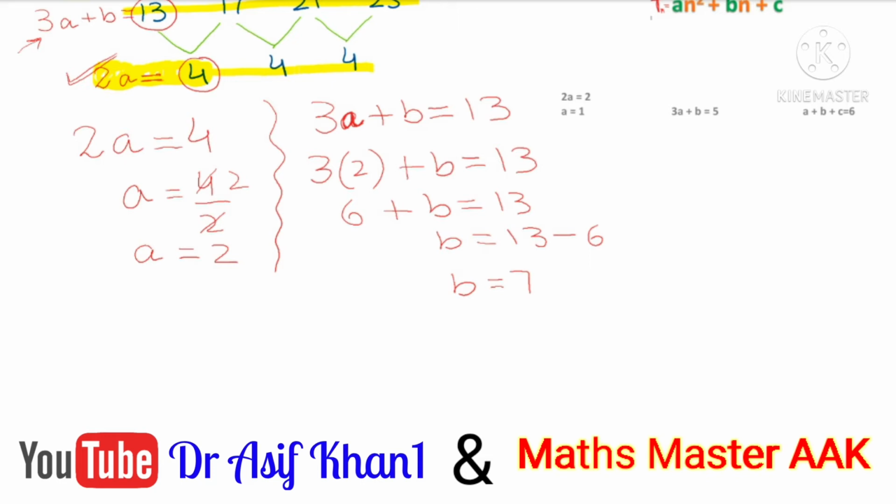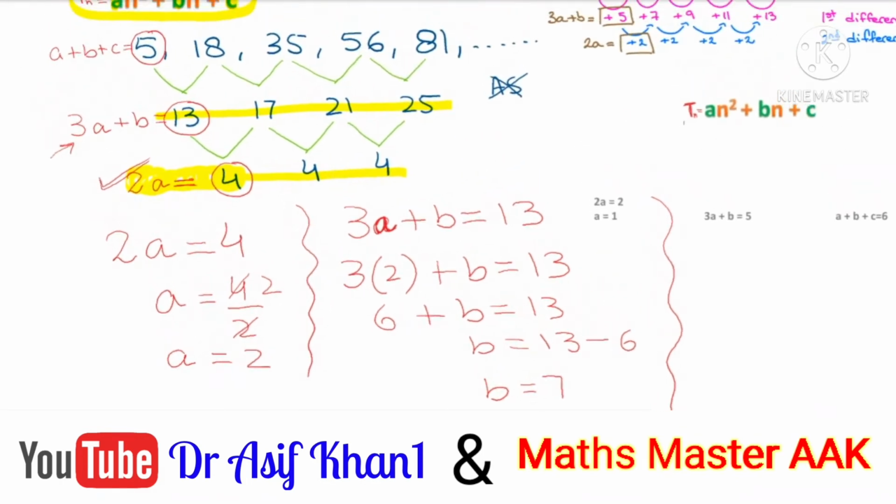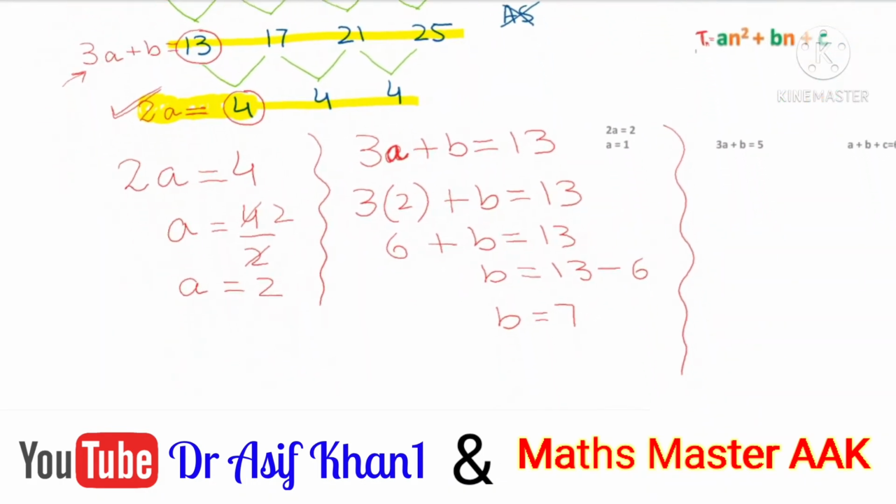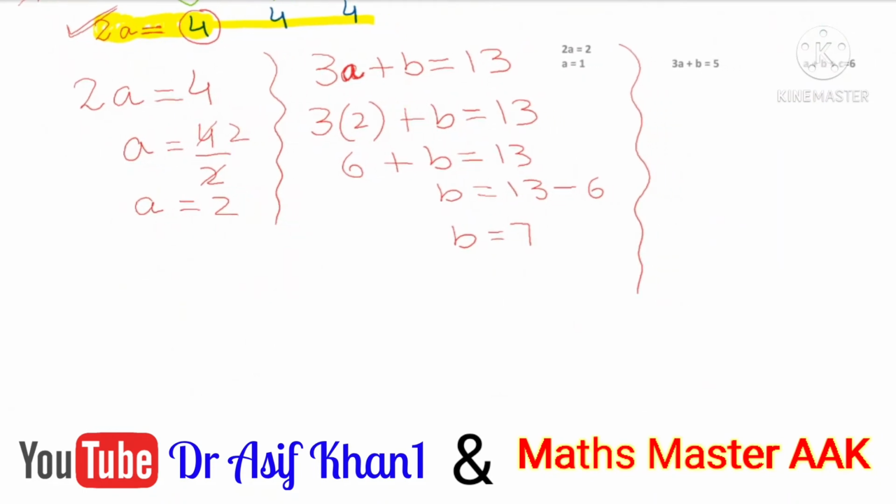After finding the value of A and B, you will solve for the third equation. Third equation was A plus B plus C is equal to 5. I have one another question for you, but for that question I will erase this one.